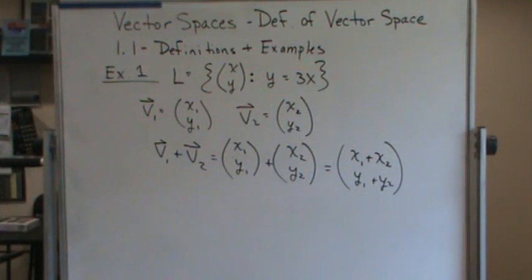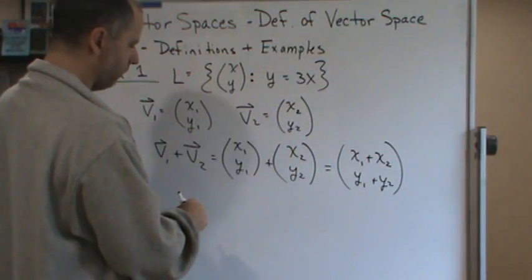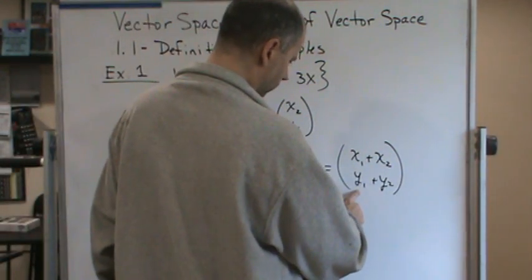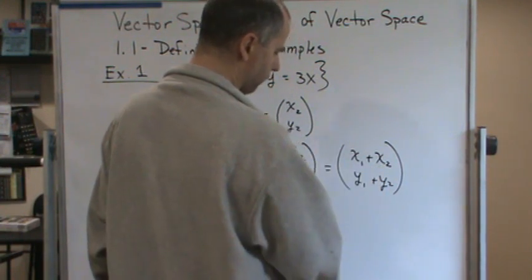Now, we need to show that this resulting vector is also in L. So because y equals 3 times x, this is 3 times x1, and this is 3 times x2.